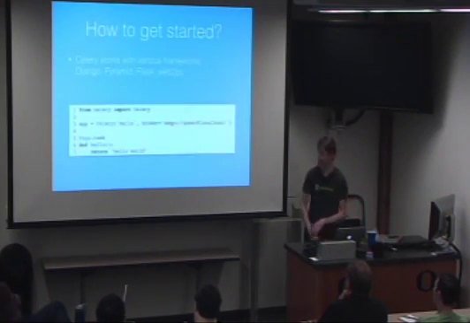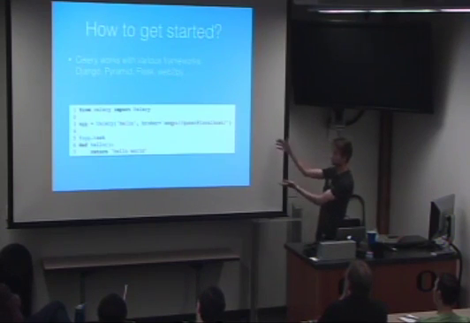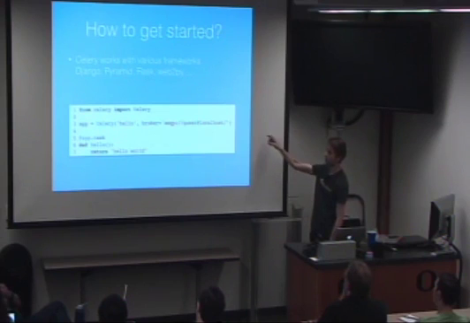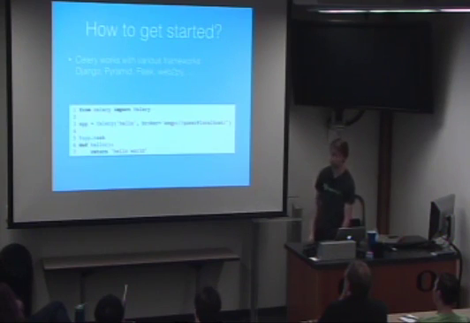How to get started with Celery? It's super simple. That's all you need to do to instantiate your Celery instance and to write your first Celery task. That's from the Celery documentation. By the way, the documentation is really amazing. It's a wonderful resource.